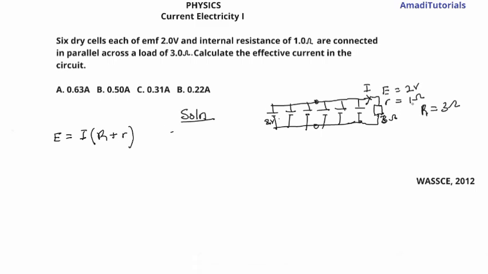Now this small r here, we are not going to put 1. The reason is because we have 6 cells here, so we have 6 internal resistances there. And what kind of connection do we have here? A parallel connection. So we are going to calculate the equivalent internal resistance of the cells. So that will be 1 over equivalent internal resistance.